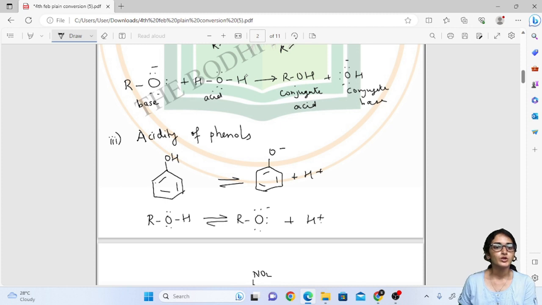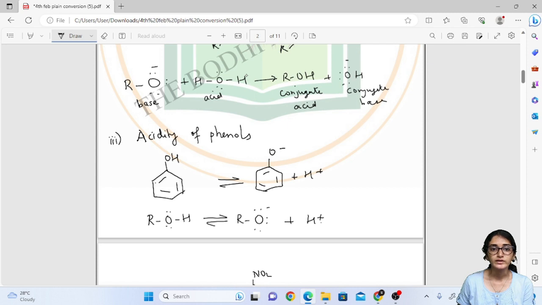Okay, now we know that alcohols have acidic character, but the acidic character of alcohols is less than water. That means water is more acidic than alcohols. Why? Because if you take a base such as the alkoxide ion and react water with that, then water can easily give its proton to that base.